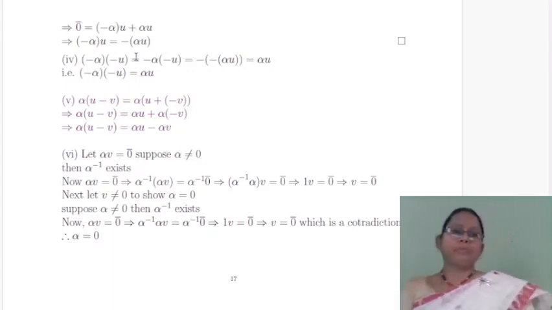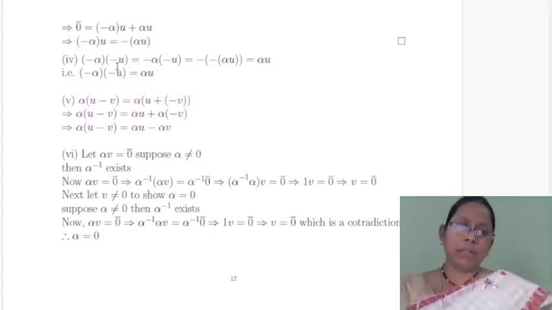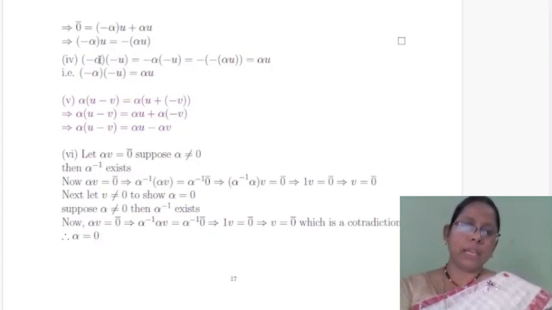Okay. Next, minus alpha minus u. If I consider this as a and this as minus b, by using the third property, this can be written as alpha within bracket minus u. Again, if I apply this property here, this is b and this is a and this is minus b.